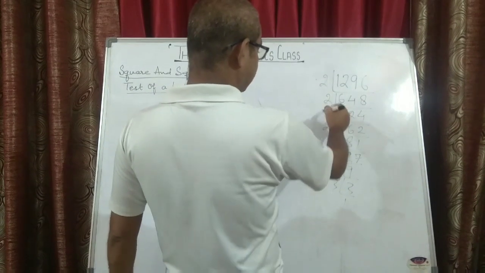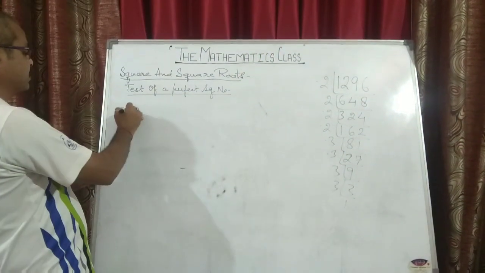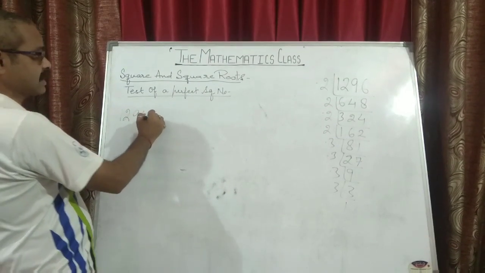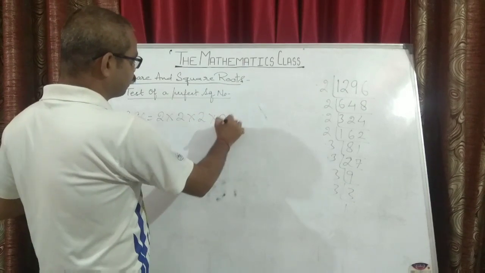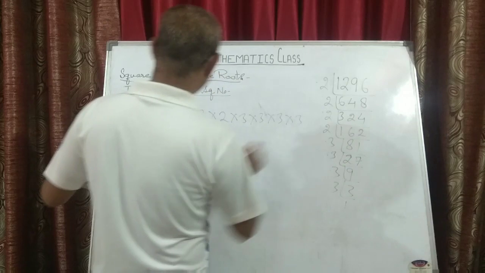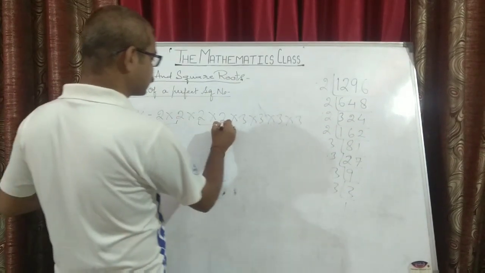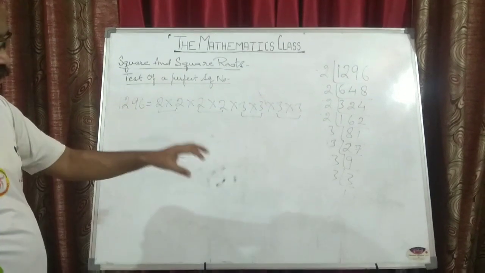Now 1296 can be written as 2 into 2 into 2 into 2, 3 into 3 into 3 into 3. One pair, second, third, fourth. So is it a perfect square?